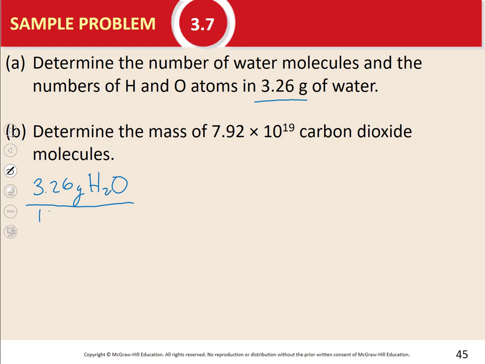Good. 18.02 grams per mole. And again, that came from 2 hydrogens at 1.008 apiece plus the oxygen at 16, then rounded to 2.466. So now grams will cancel. Grams cancel, grams cancel. At this point, we're at moles.